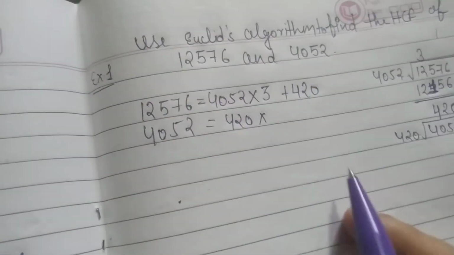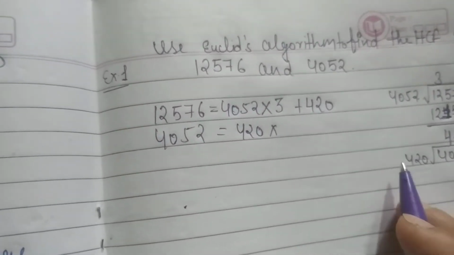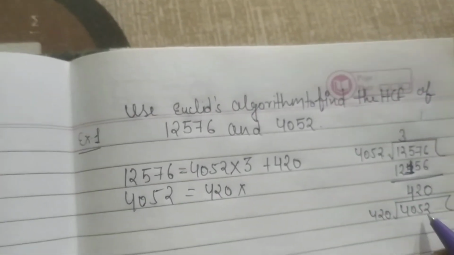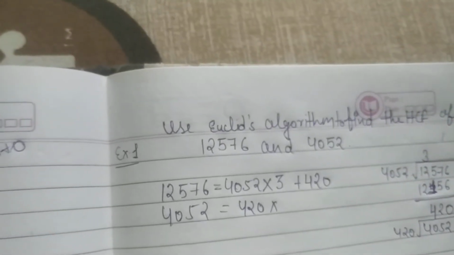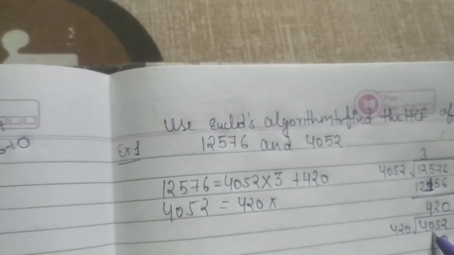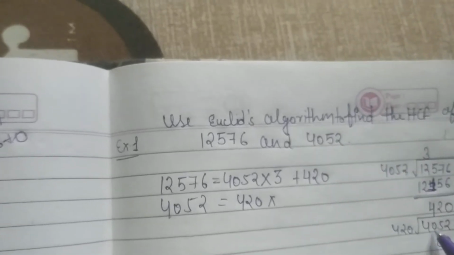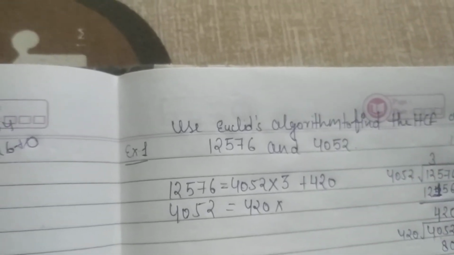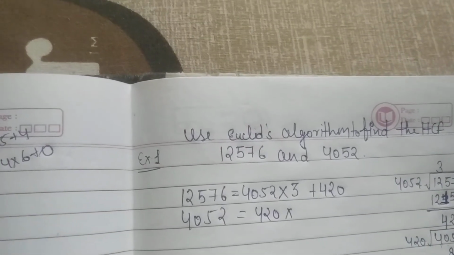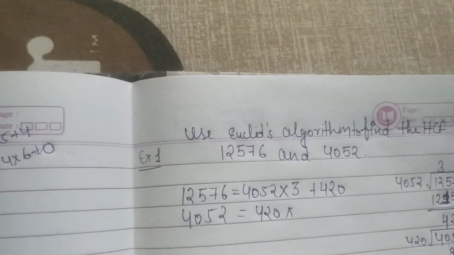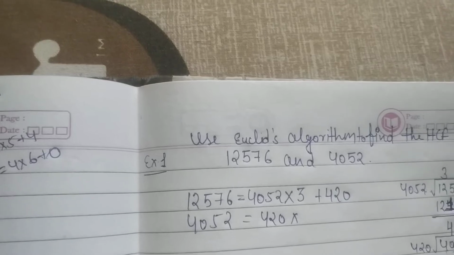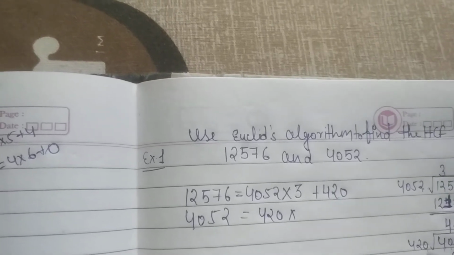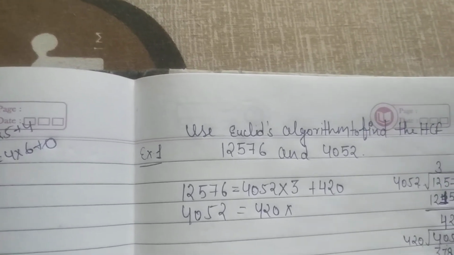Now, next step, we will divide 4052 by 420. It will go 9 times. 9 twos are 18, 9 fours are 36, and so on.